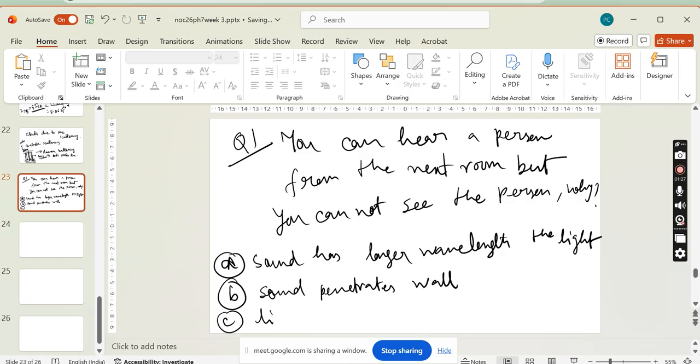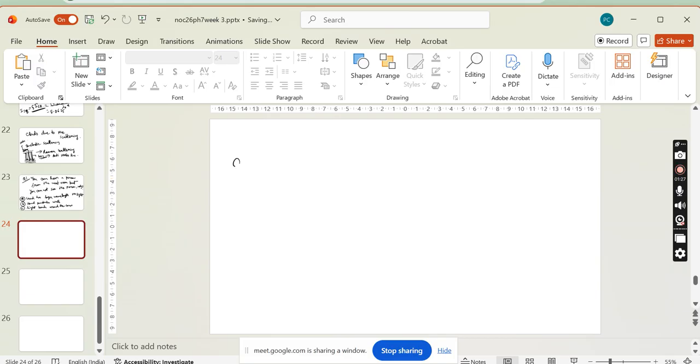Option C, light bends around the corner. Option D, none of the above.